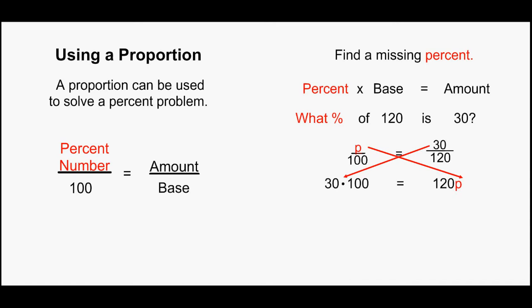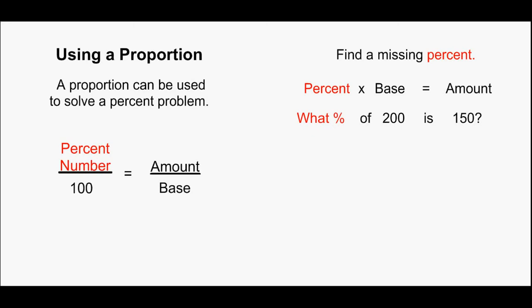Let's cross multiply. P times 120 is 120p. 30 times 100 is 3,000. Divide both sides by 120. 3,000 divided by 120 is 25. P equals 25, the percent number.